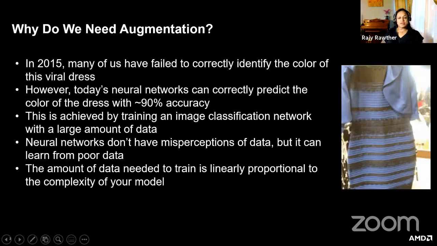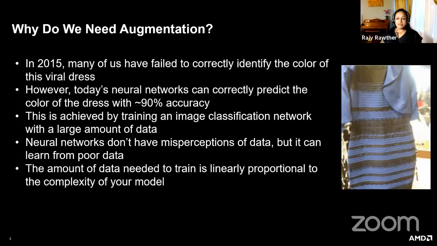Do you remember the internet controversy behind the color of this viral dress in 2015? Many of us were confused about the color. Some people perceived it to be blue and some others perceived it to be gold. However, a well-trained image classification neural network model today can predict the color of the dress with more than 90% accuracy, with enough variation of blue and gold dresses in the data set.